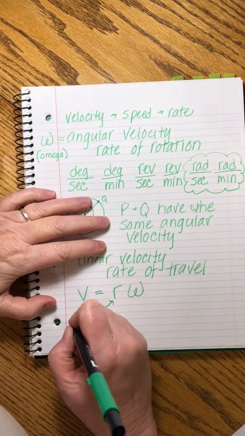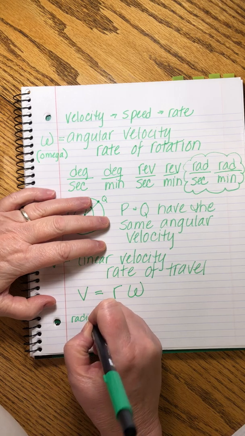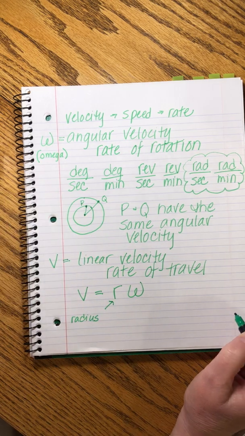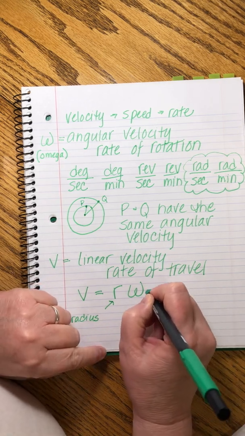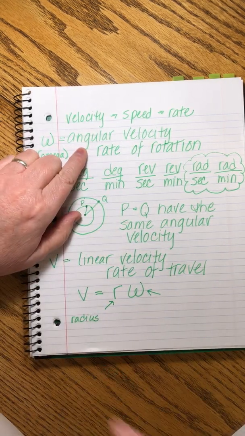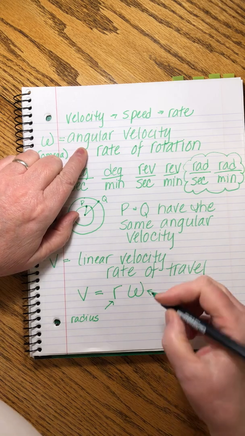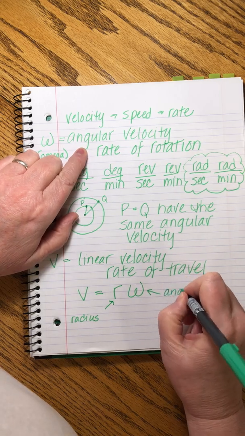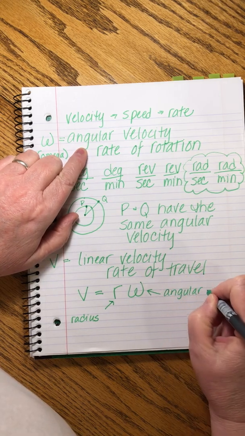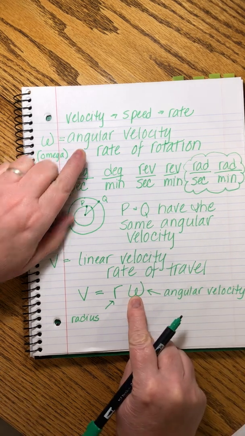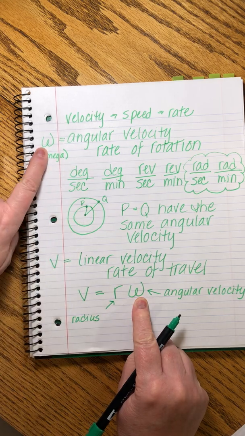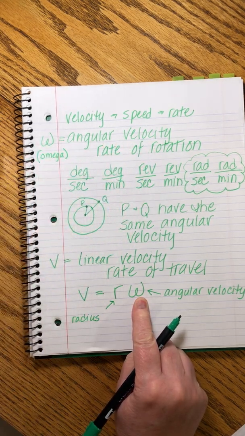This r stands for the radius. That's easy. You know what a radius is and how to measure it. This is the angular velocity, which is obvious because I told you that this omega is what we use to stand for that.